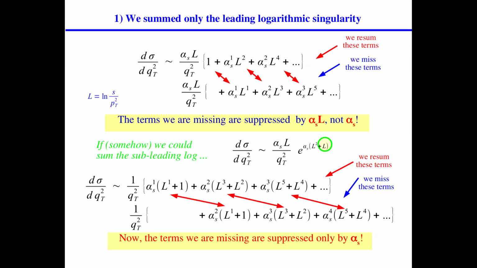I get L to the 4 and L to the 3 and L to the 2, et cetera, et cetera. And now when I compare, I see the terms I'm missing really are fully down by alpha, not just alpha log. Okay, and so if I could do that, then this would give me a convergent series, even in the case of large logs. And so that's one of the first steps that we have to deal with.